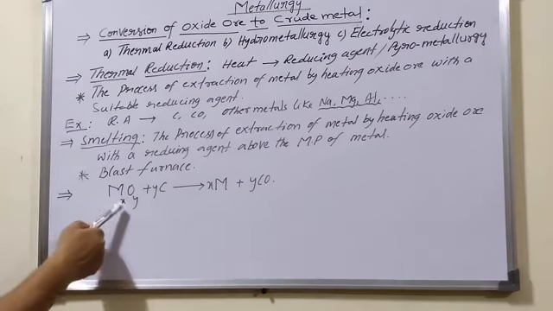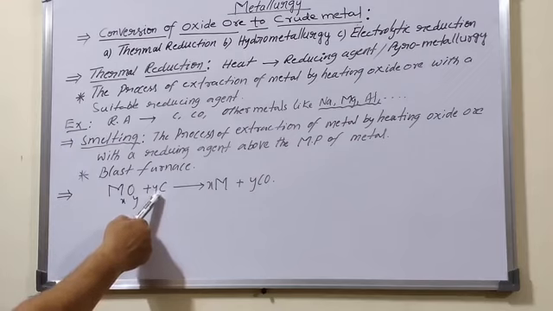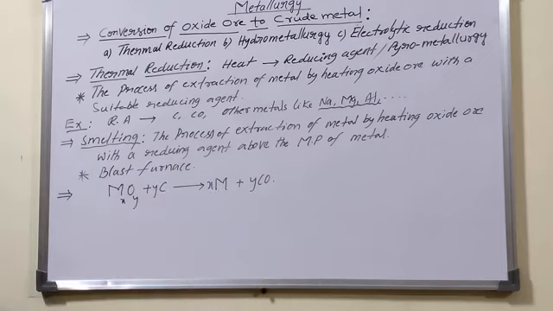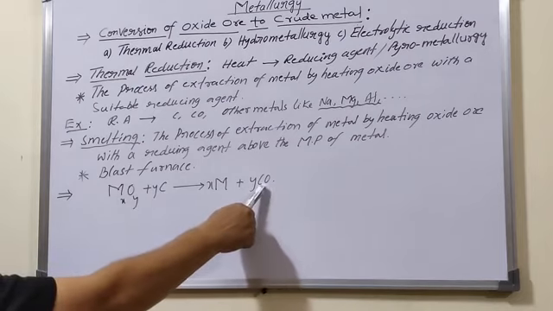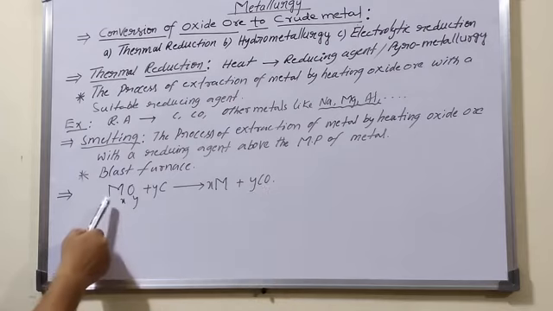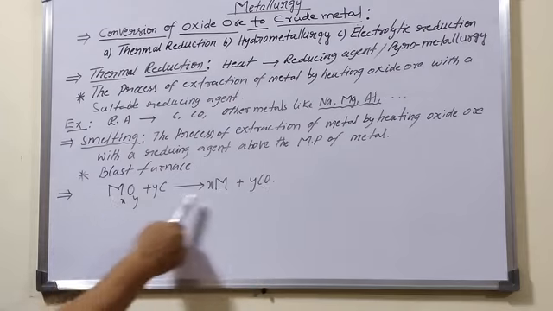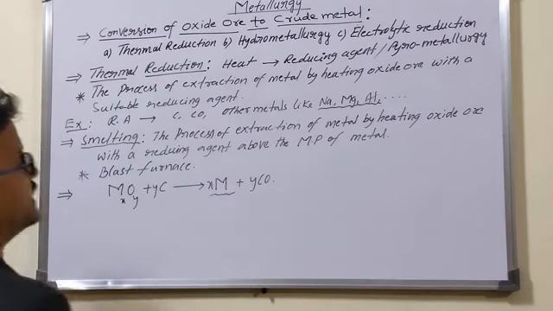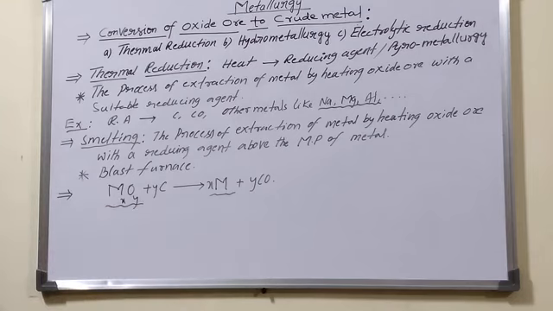When a metal oxide is reduced in the presence of carbon as a reducing agent, we get metal and carbon monoxide. The reducing agent gets oxidized to carbon monoxide, and the metal oxide gets reduced to metal. This is the reduction process.